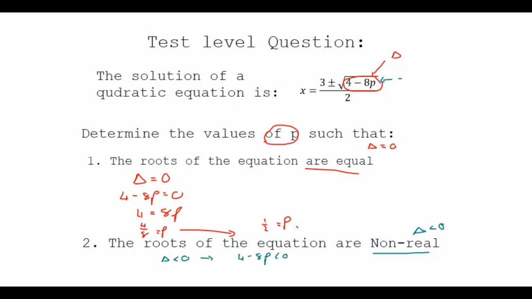Now we're working with an inequality, so we just apply those rules. 4 is less than 8p, which then translates to, we divide both sides by positive 8, so the sign will stay the same. 4 over 8 is less than p, which means that a half is less than p. Or remember, when we word these, we could also always focus on the p, so p is greater than a half.